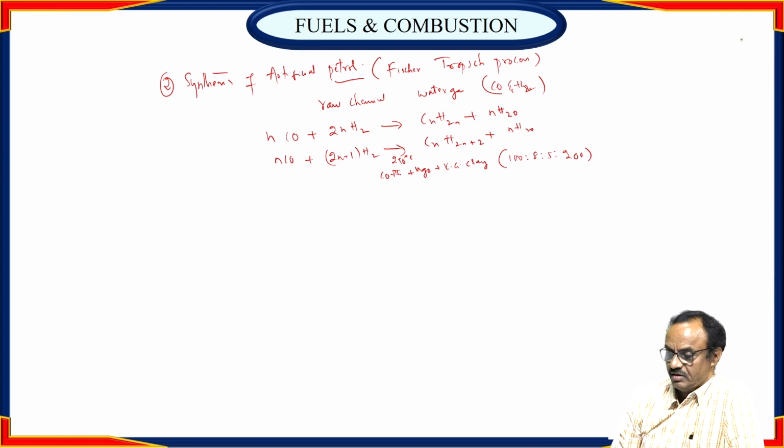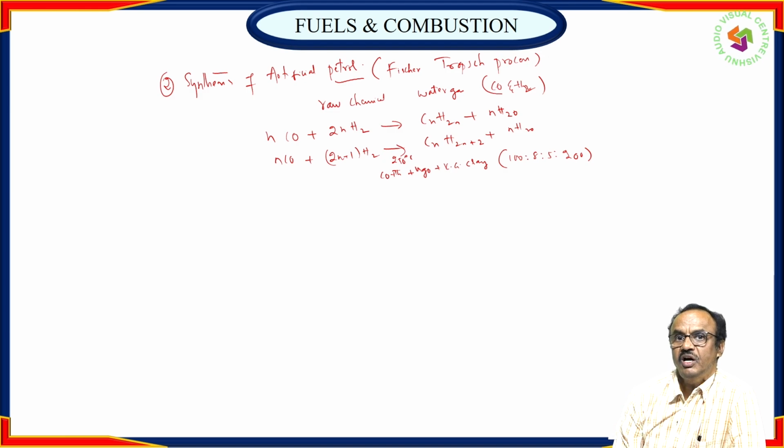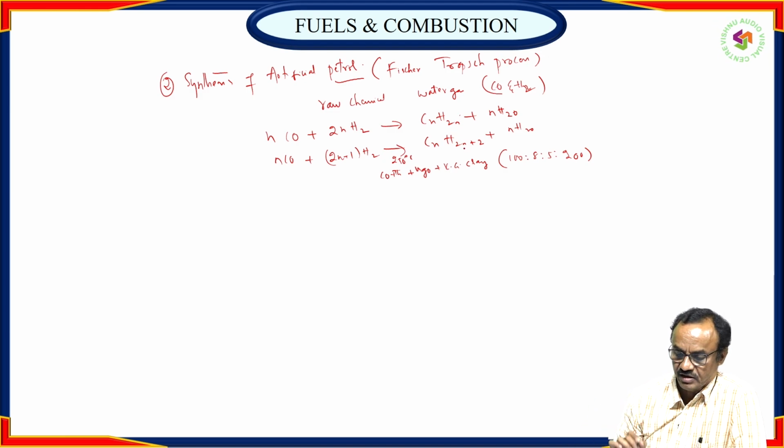We need to mix the catalyst combination in the ratio at 250 degrees centigrade. We get saturated and unsaturated hydrocarbons. The artificial crude oil is mainly composed of these saturated alkenes and alkanes, right?